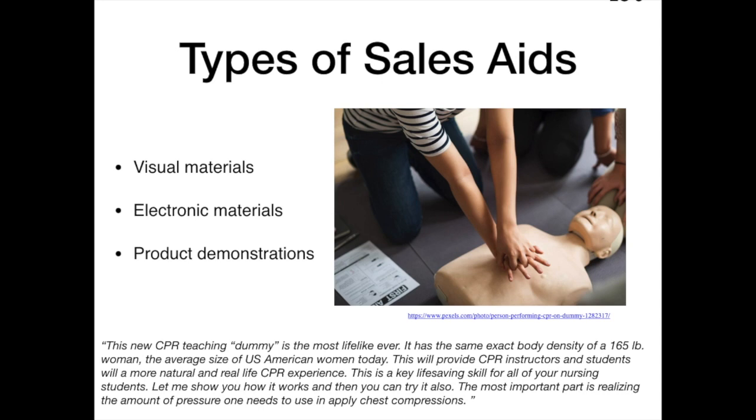In this picture here, you're seeing a product demonstration for a new CPR teaching dummy. The conversation below the picture is an example of what might take place when the seller is trying to demonstrate what this new CPR dummy can do.